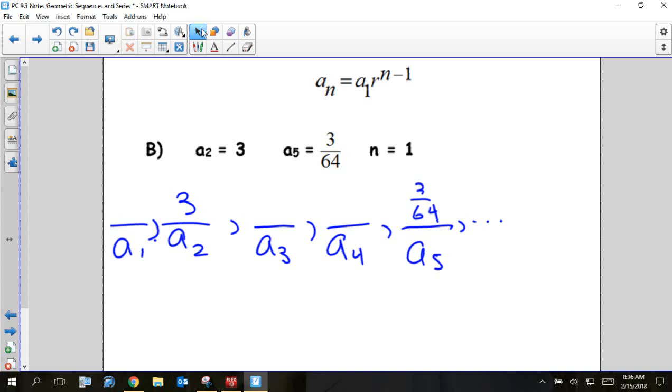A1 is equal to 3 over R. You take this equation for A1. So 3 over R times R1 is A1. Plug it in and solve the all. So you get this. Find A1.